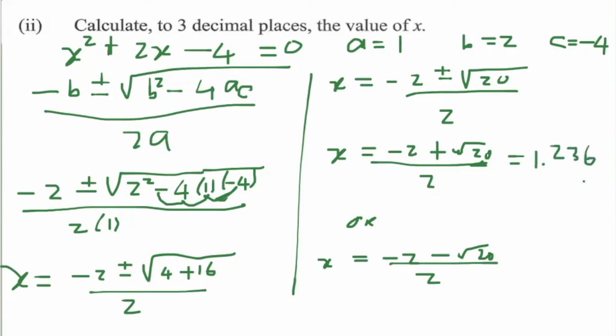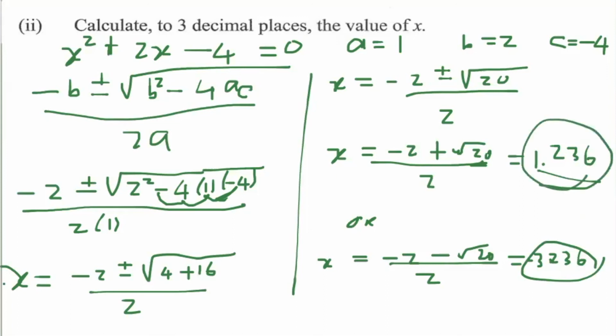The next scenario, I will have minus 2 minus root 20 divided by 2, and I will get negative 3.236. Now, the value of x cannot be negative because we're talking about distance. It has to be positive. So the answer that we'll use is x equal 1.236.